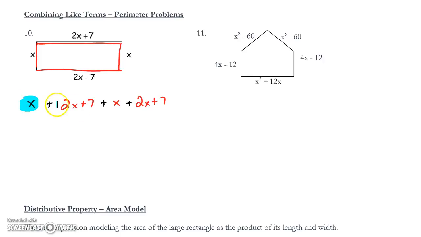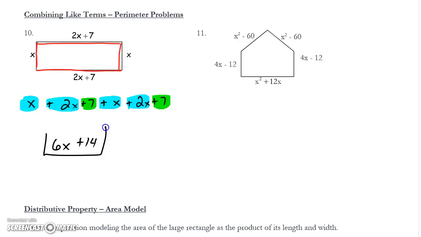I have an x, a plus 2x, a plus x, plus 2x. Those like terms combine to give me 1, 2, 3, 4, 5, 6x. And then I can also combine my plus 7 and my plus 7 to give me plus 14. And I'm done. That's my combining like terms with a perimeter problem.